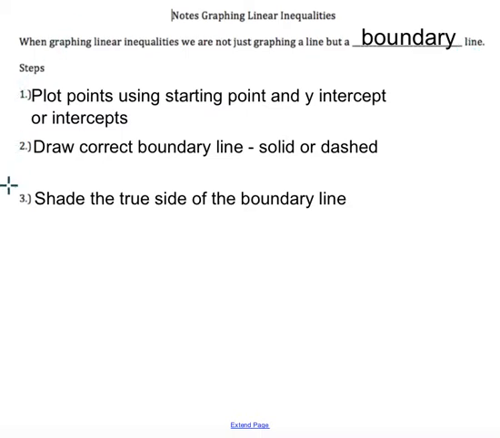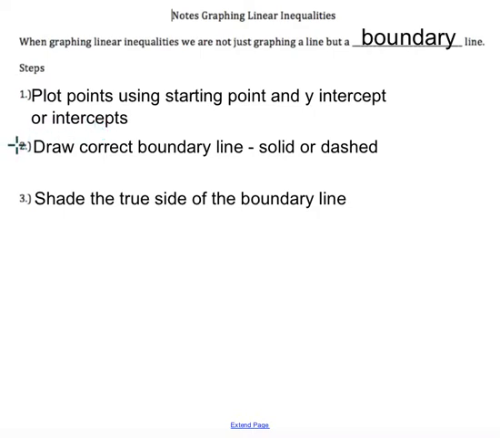So we have three steps that we're going to follow when we're graphing two variable inequalities on a coordinate plane. First of all, you're going to plot points using your starting point and y-intercept or intercepts, just like we have before.